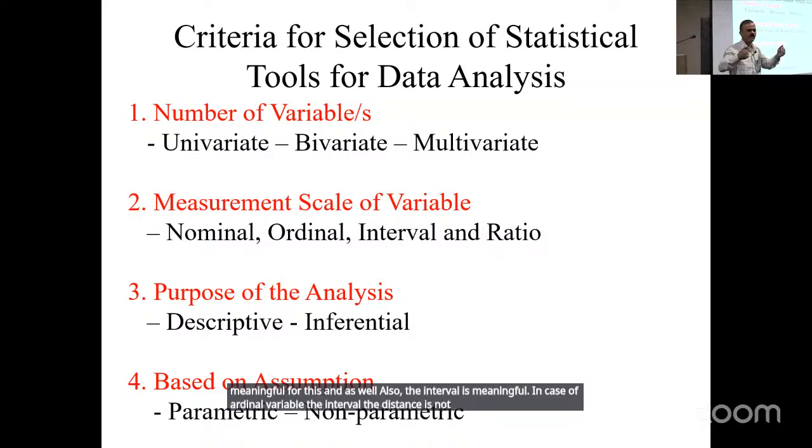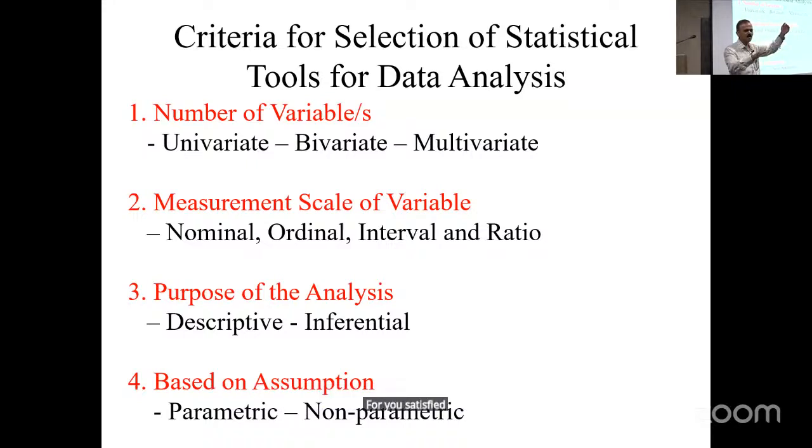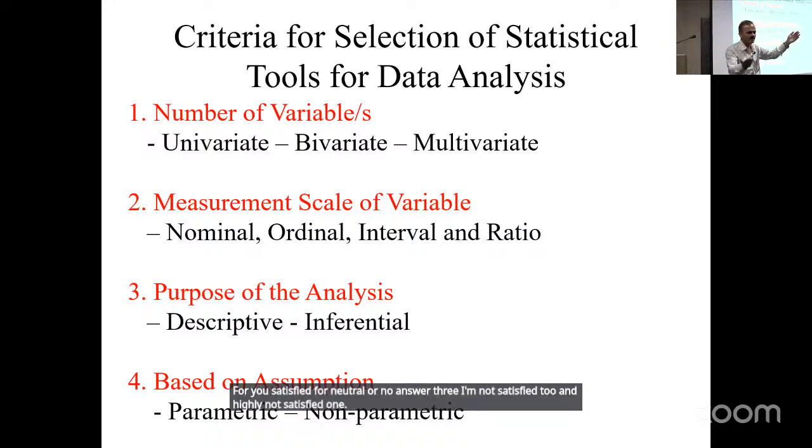For example, if I take that satisfaction example and assign codes or numbers to it: highly satisfied 5, satisfied 4, neutral or no answer 3, not satisfied 2, and highly not satisfied 1. So now I have given numbers with a scale, a Likert scale, for example.